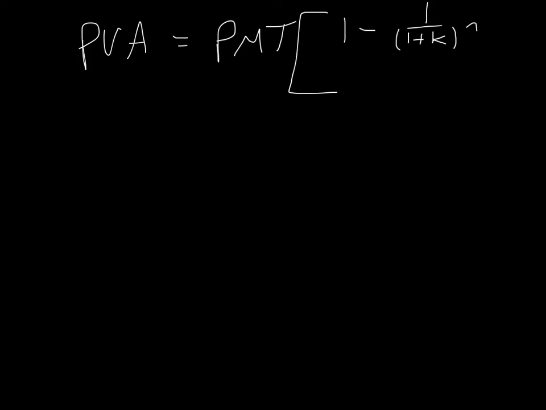So, present value of annuity equals some constant payment, year-over-year payment, or month-over-month payment, times 1 minus 1 over 1 plus k, where k is our rate of return or rate of discount. Talk about that in a second. And n is the number of periods, all over k. So there's our formula. Present value of annuity formula.